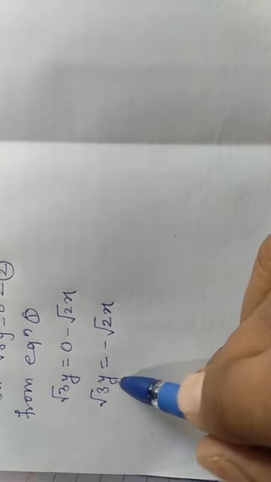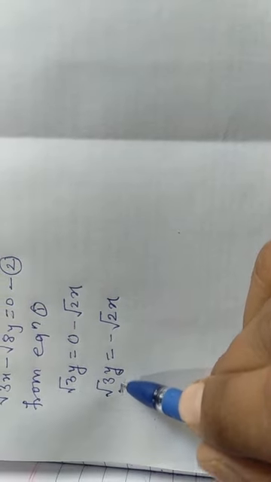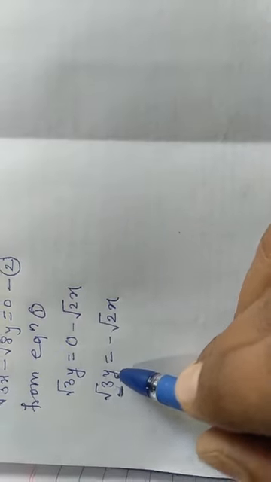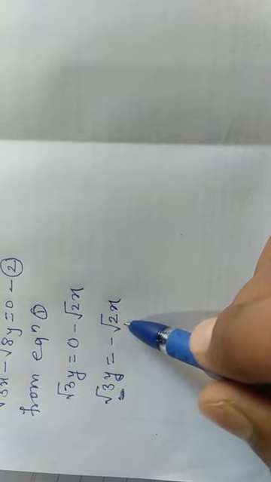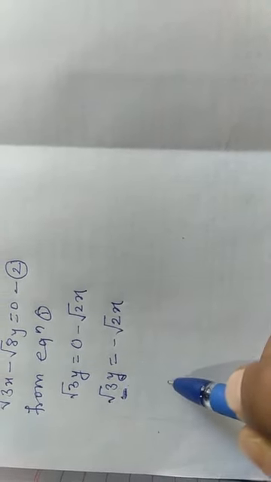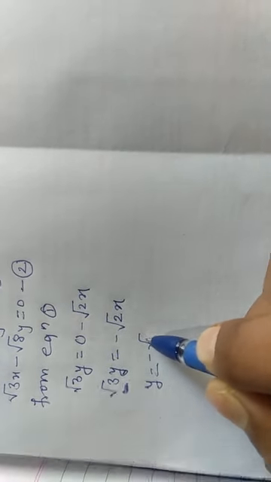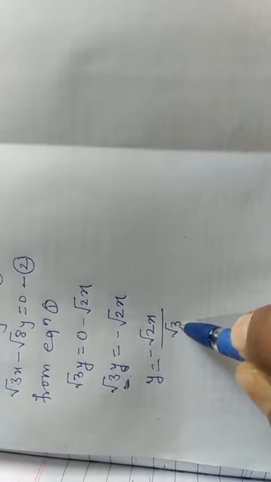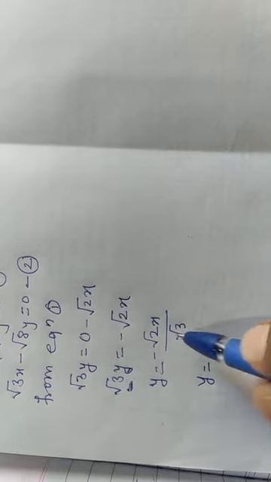Once we get the value of root 3y is equal to minus root 2x, what we'll do here now, we'll shift this root 3. Why? Because we want the value in terms of one variable. So what I will do here, I will shift this root 3 towards right hand side. So root 3 has done multiplication with y. So when we will shift this root 3 towards right hand side, this root 3 divides to this root 2x. So that we get y is equal to minus root 2x upon root 3.